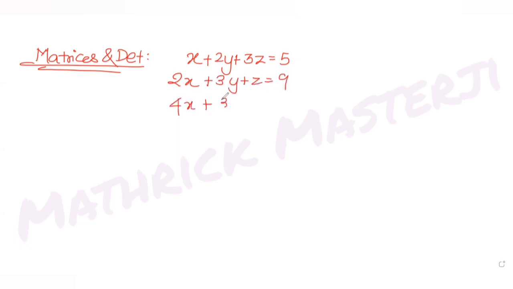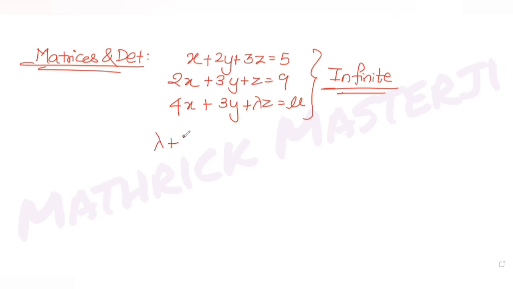The question tells us: let the system of equations x + 2y + 3z = 5, 2x + 3y + z = 9, and 4x + 3y + λz = μ have an infinite number of solutions. The question is asking us to figure out the value of λ + 2μ.